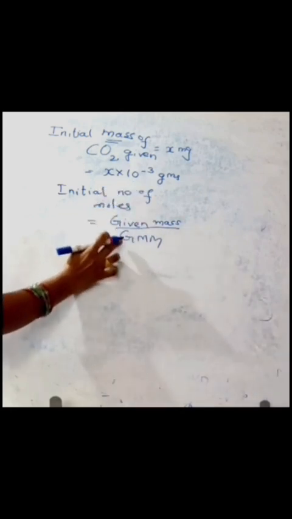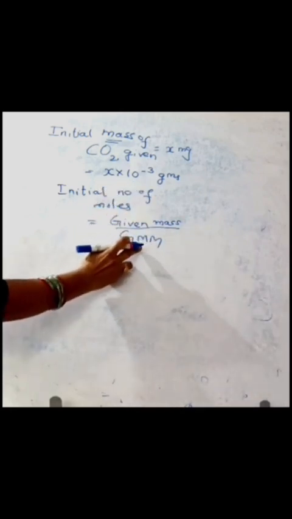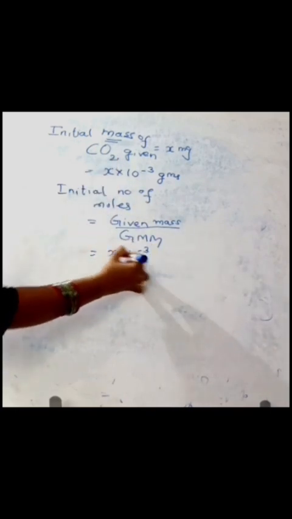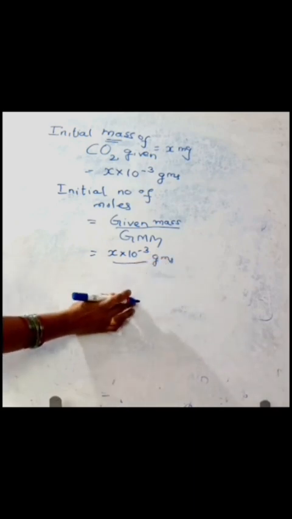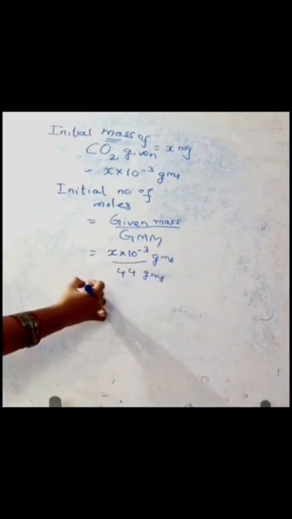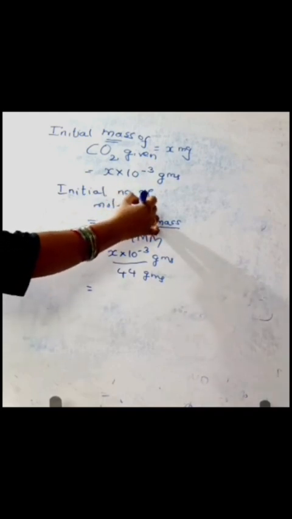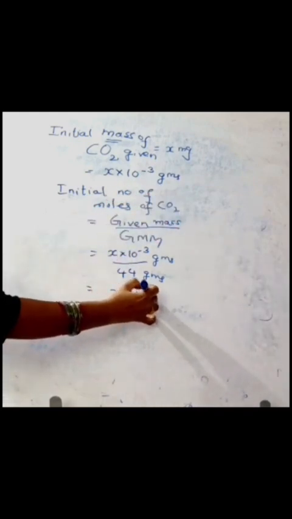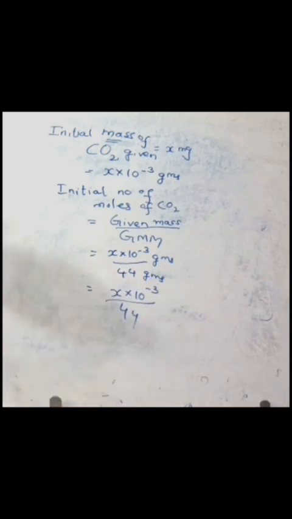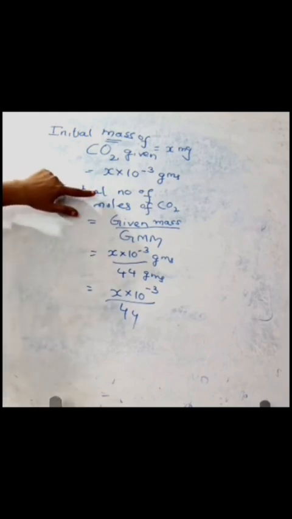Given mass is X into 10 power minus 3 grams, and gram molecular mass of CO2 is 44 grams. So initial number of moles of CO2 is X into 10 power minus 3 by 44.